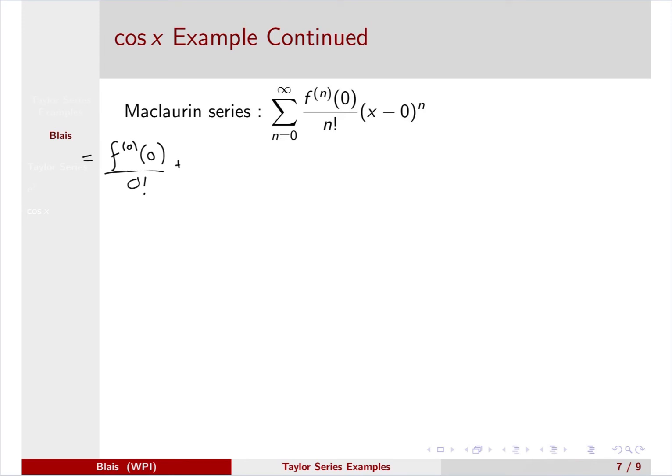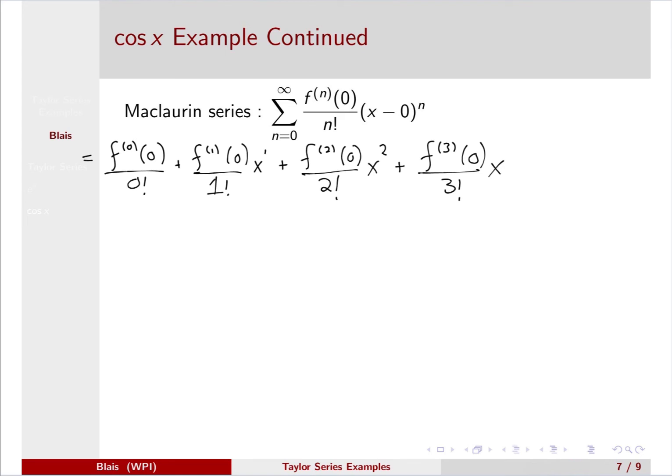When n equals 1, the first derivative of f at 0 over 1 factorial, x to the 1. For n equals 2, we have the second derivative of f at 0 over 2 factorial, x squared. And for the third term, the third derivative of f at 0 over 3 factorial, x cubed.